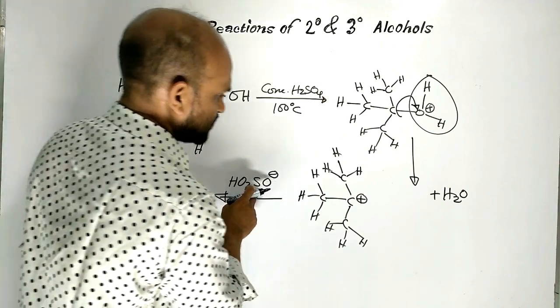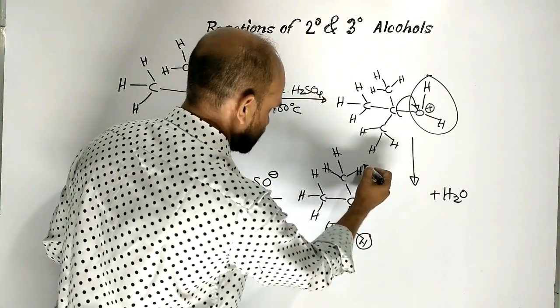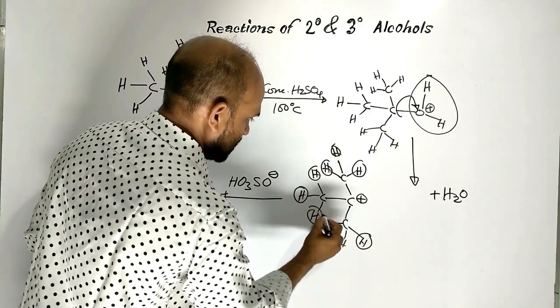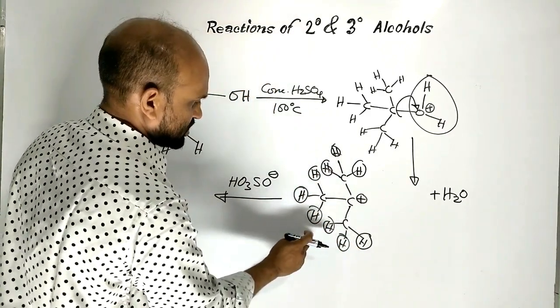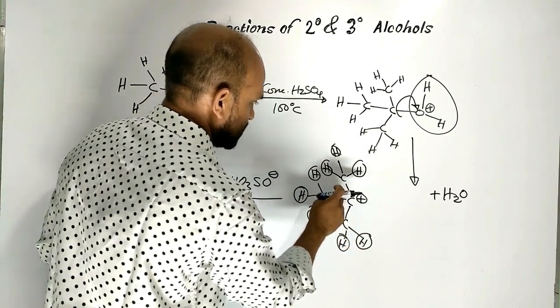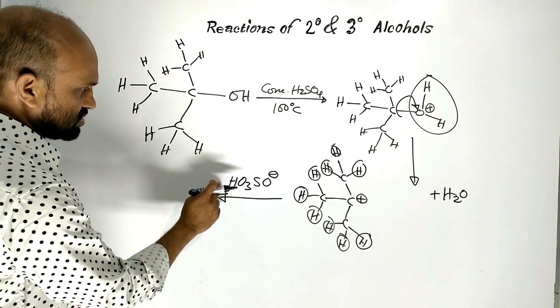Bisulfate ion brings out any of the hydrogen atoms, because all the hydrogen atoms here are same in property. So any of the hydrogen atoms are brought out by bisulfate ion.